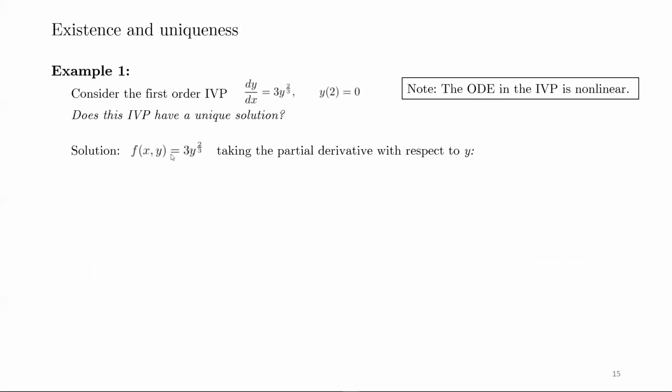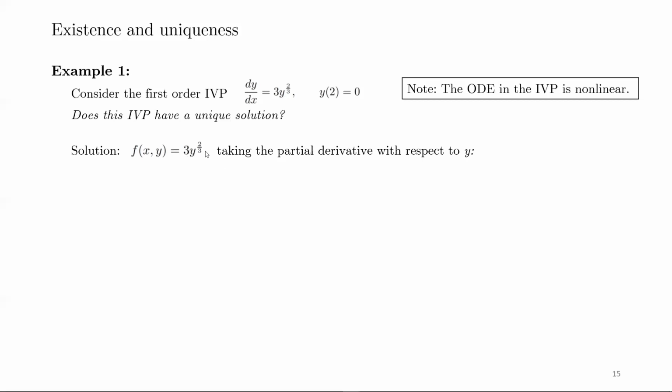Well, if we let f be 3 times y to the 2/3, the right hand side of this equation, it's clear to see that this function 3y to the power of 2/3 is continuous and finite for any value of y. Okay, there's no problem here.